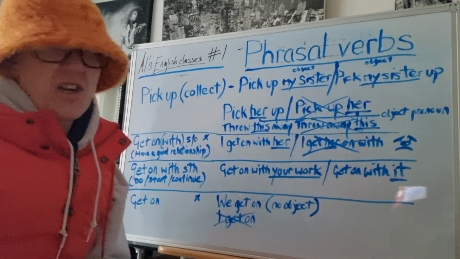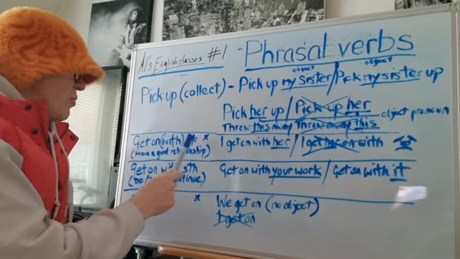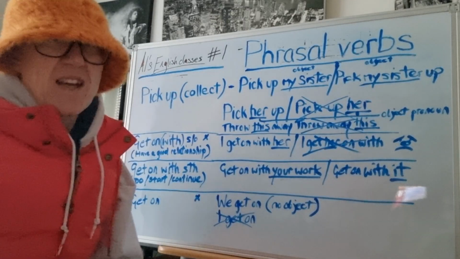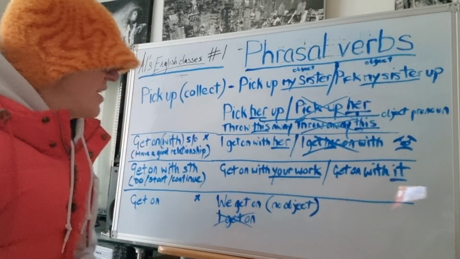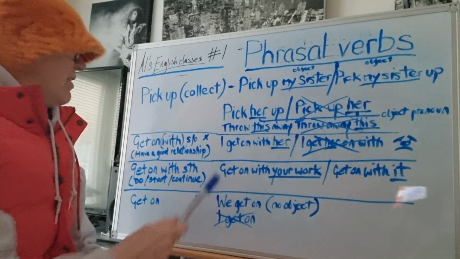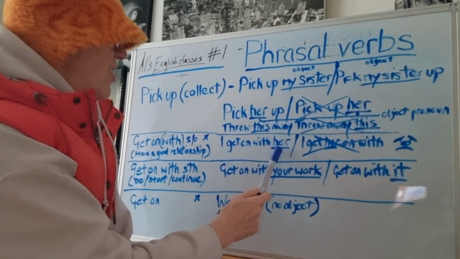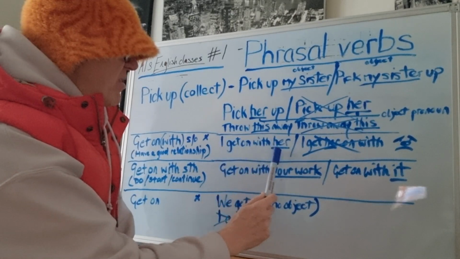It would be a little strange to say get on badly with someone because the very essence of get on with someone means to have a good relationship. So it would be flying in the face of logic. So I get on with her is the only possibility.